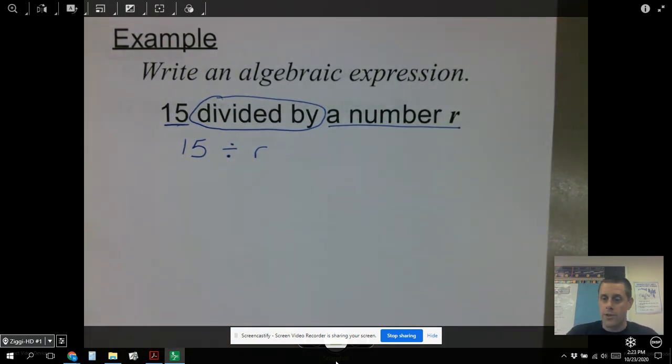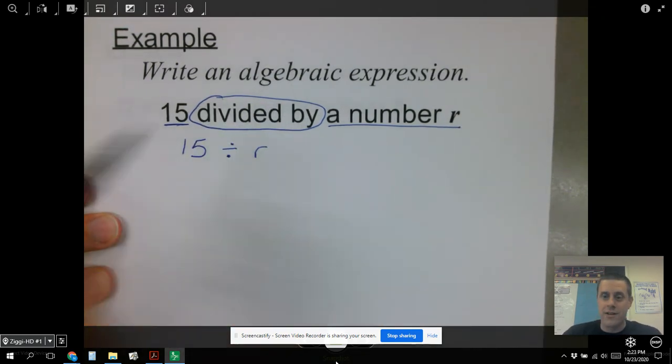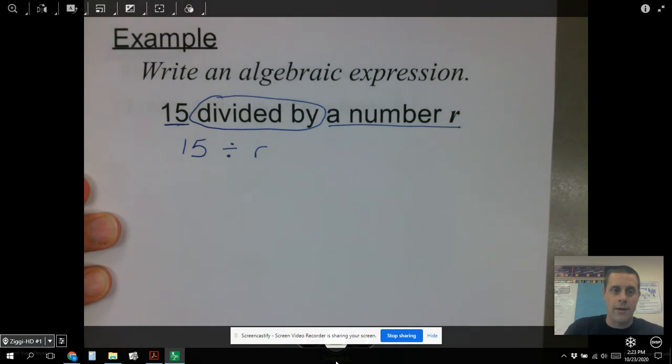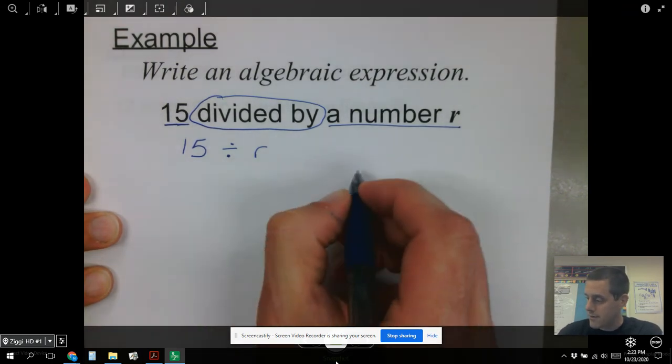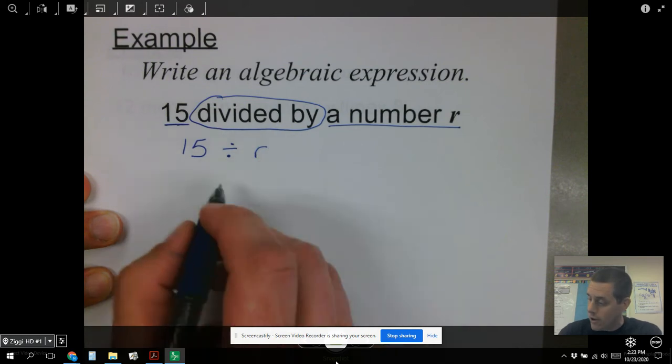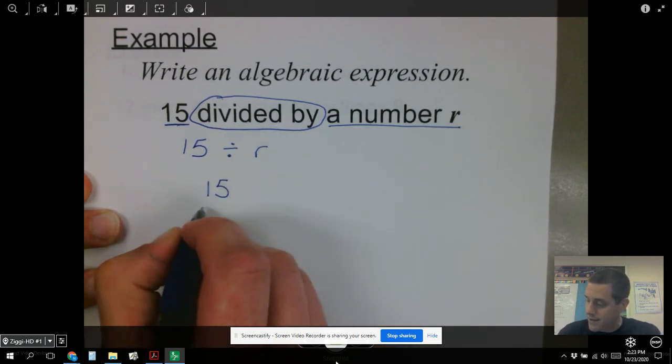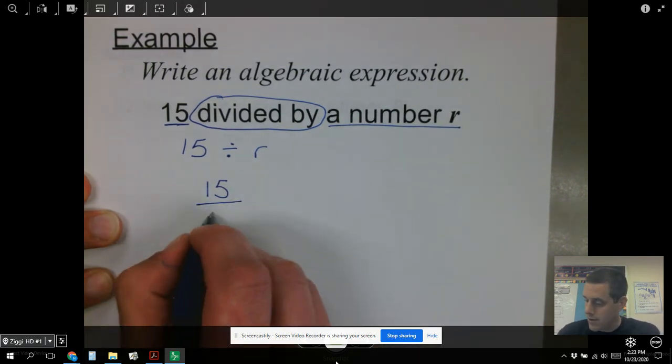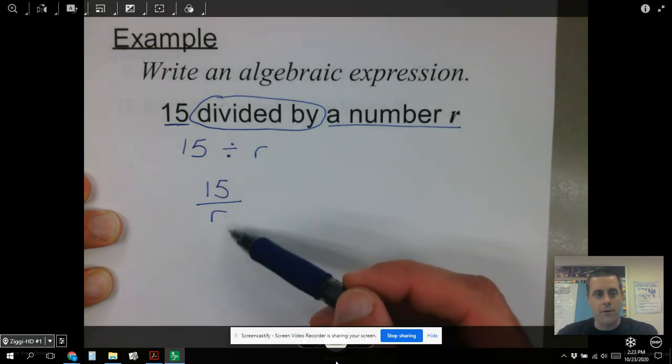One other way I want you to think about division. Remember, especially as we start getting algebraic with our math, division will be represented in fraction form more often than not. That fraction bar in a fraction is just another way to show division. So 15 divided by r could also be written as 15 over r in fraction form.